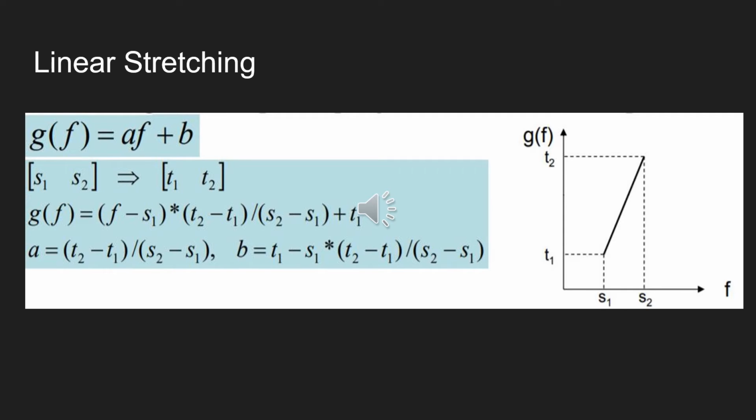Suppose the initial image has intensity values ranging from S1 to S2, but we want our final image to have intensity values from T1 to T2. To do that, we'll use this linear stretching function and derive a as T2 minus T1 upon S2 minus S1, and b as T1 minus S1 into T2 minus T1 upon S2 minus S1.